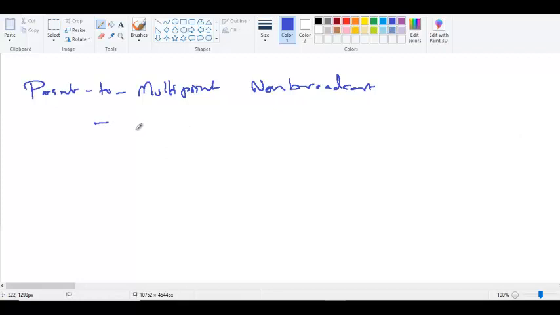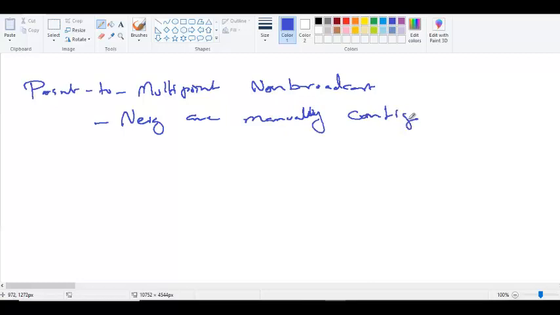You go here and say B is your neighbor, you go there and say A is your neighbor. Then there is security. That is why in such an environment where you see security issues, you will like this one. So point-to-multipoint non-broadcast, neighbors are manually configured.